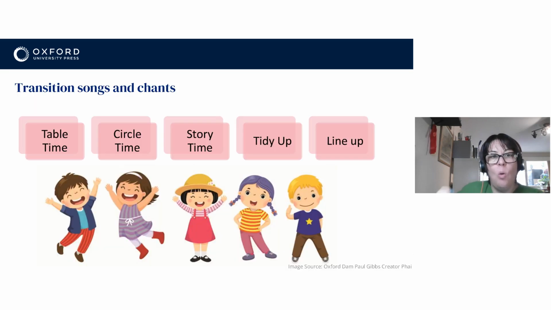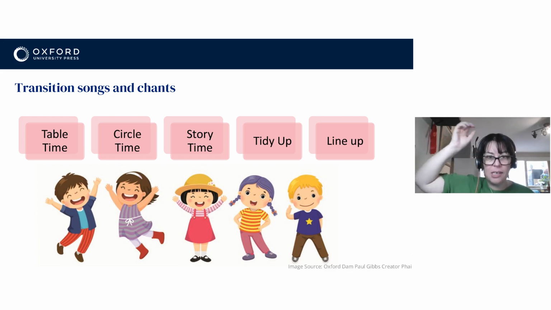So, where are we using these transition songs? Table time songs, circle time songs, indication that this is the time that we are going. And you can sing those as the teacher, or you can play them through your speakers in the classroom. So if you've got one on YouTube, perhaps, that you love, or one from your course book that you love, you can play it.